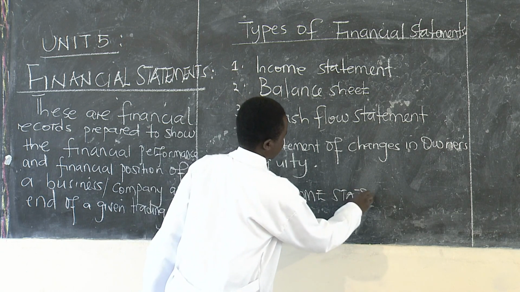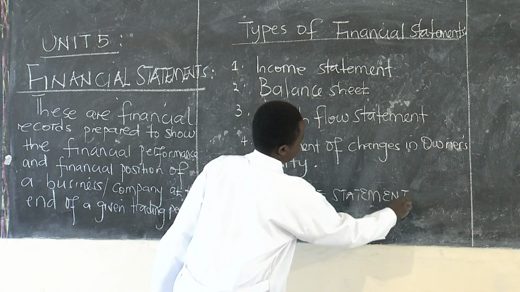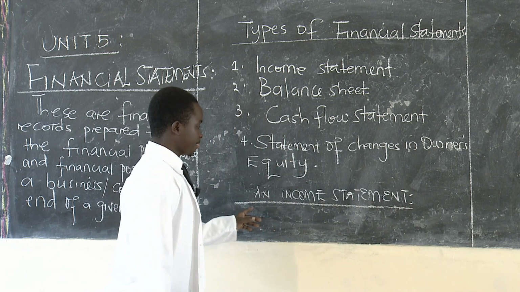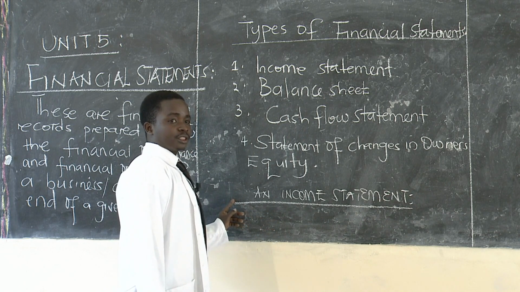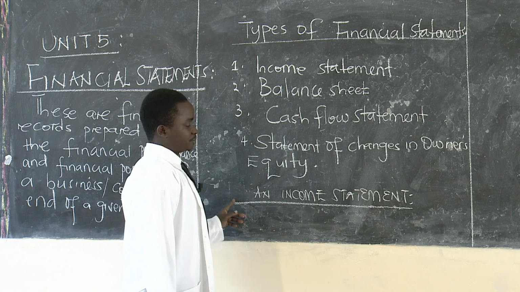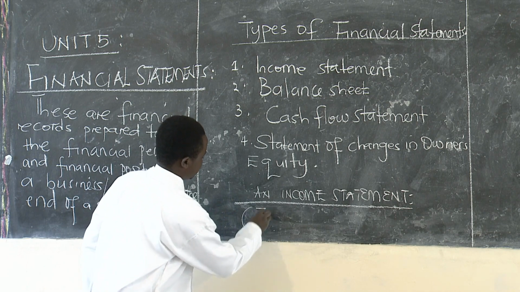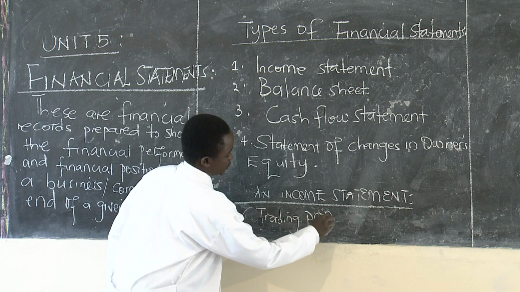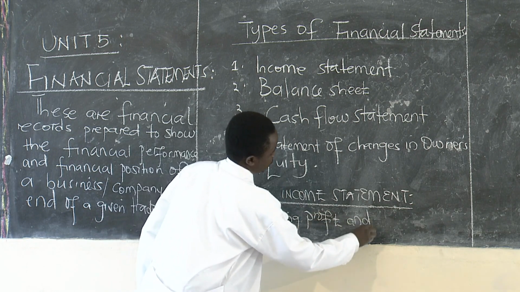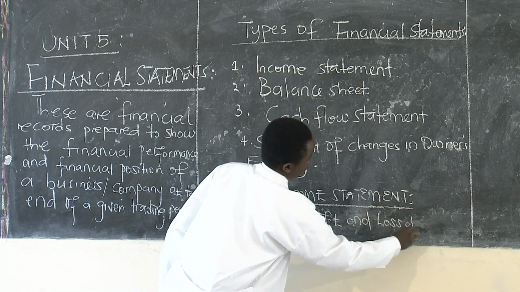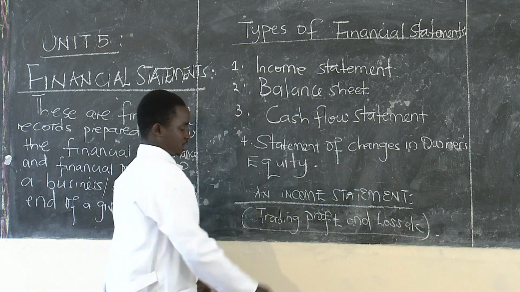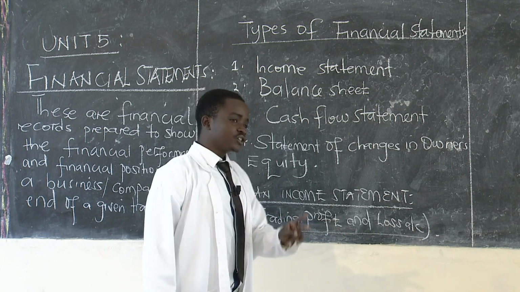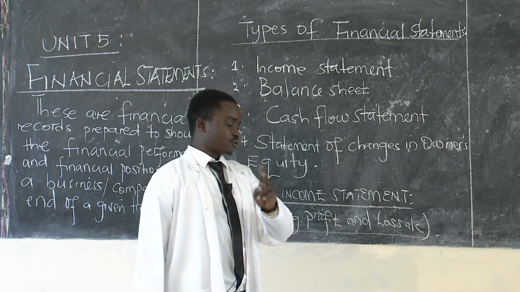We are going to begin with the income statement. An income statement, we call it the trading profit and loss account, meaning that it is composed of two accounts.